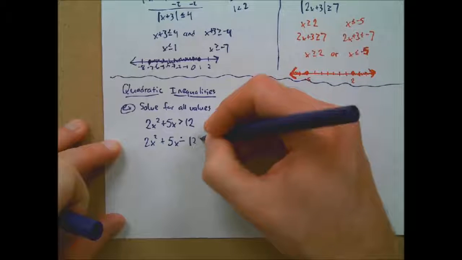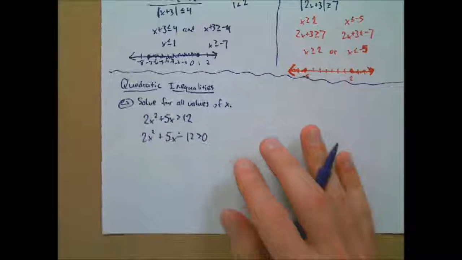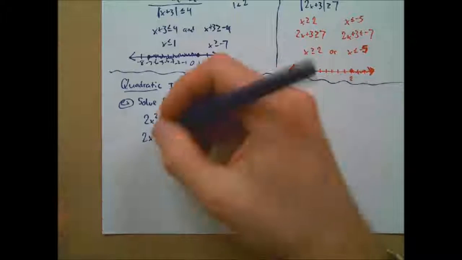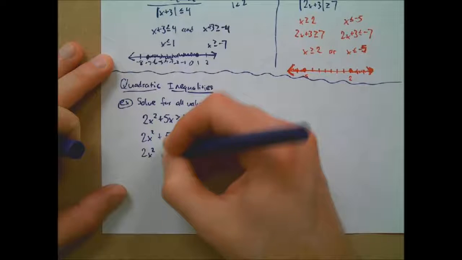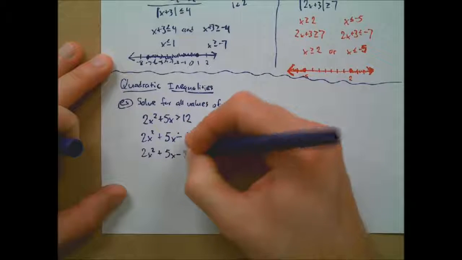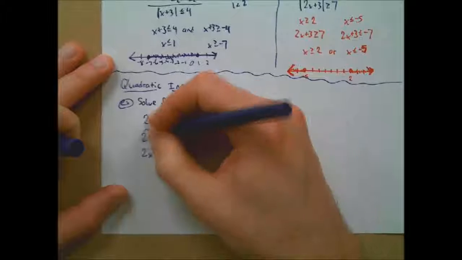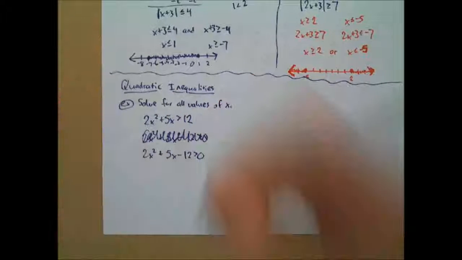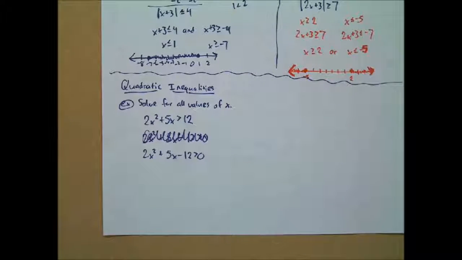Okay? Very good. Now again, let's think about what this thing is trying to ask here. Okay, it's asking when is this greater than 0, okay? Or graphically speaking, we want to know when this is above what?